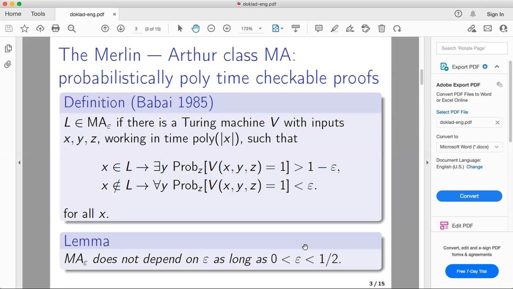Formally, this class depends on epsilon, and so we use the subscript epsilon. But actually, one can prove that it doesn't, as long as epsilon is strictly less than 1/2. And here it is important that the inequality is strict. So in what follows, we will drop the subscript epsilon.